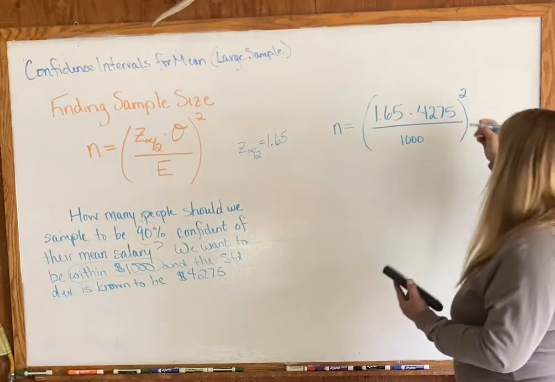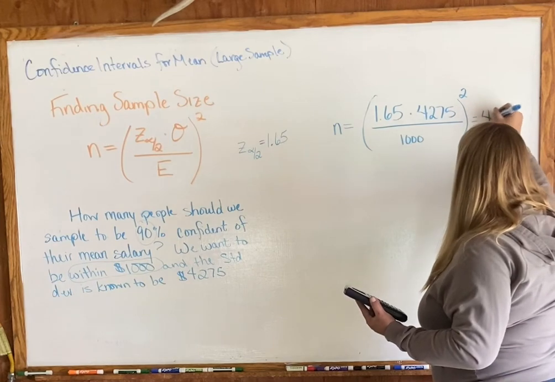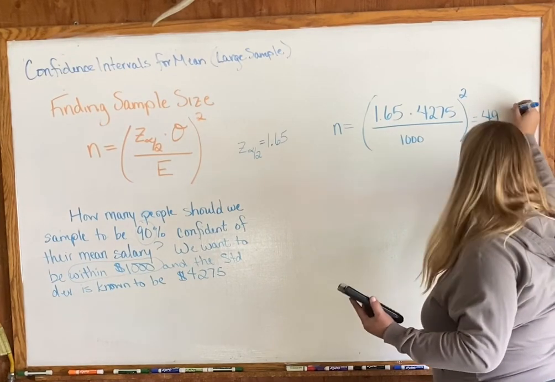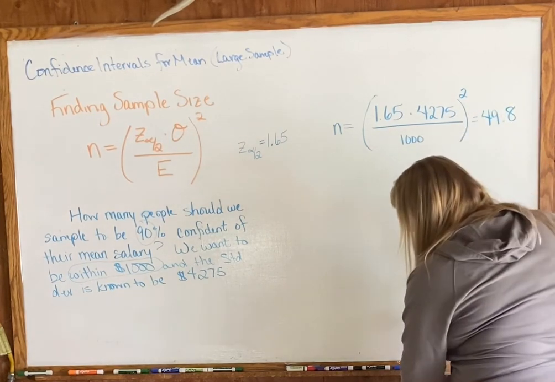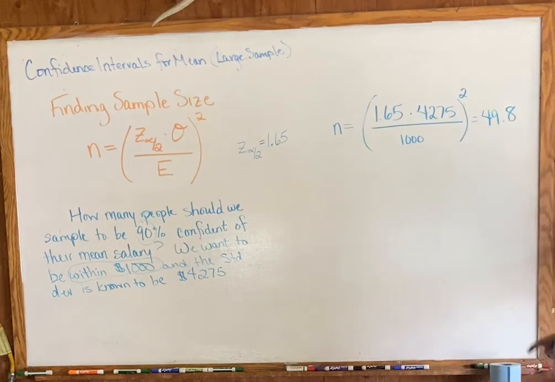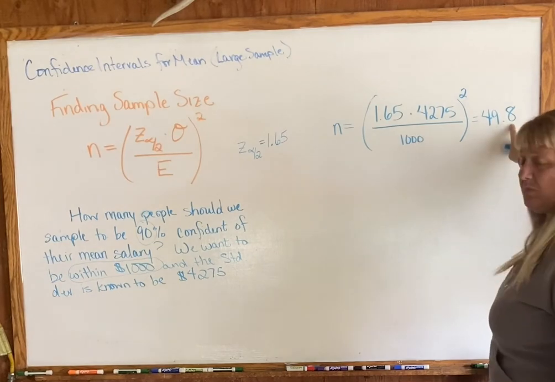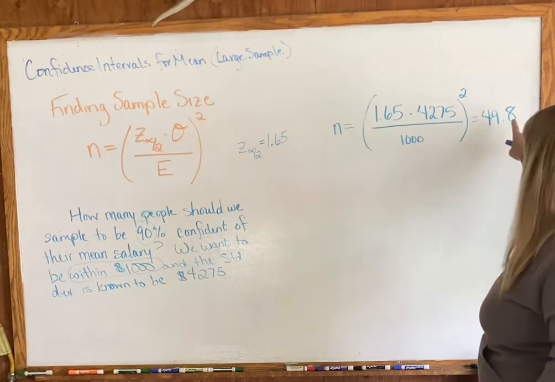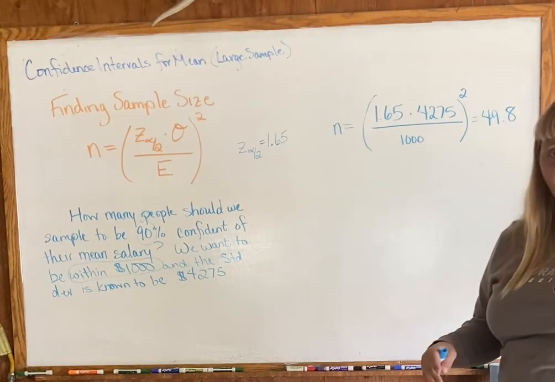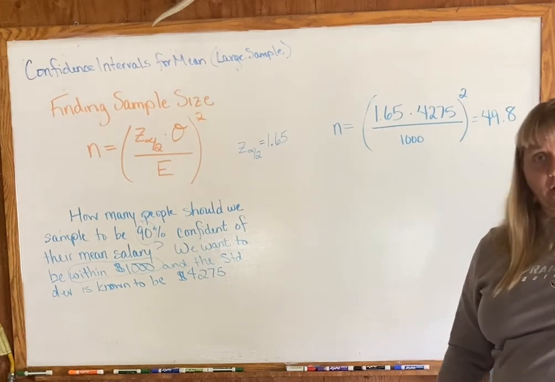Okay. So I got 49.8. But now remember, we're finding n, okay? So n I got as 49.8, but n is the number of people. So there's a decimal. Does that mean that I can just talk to 0.8 of a person, so like everything but their arm?